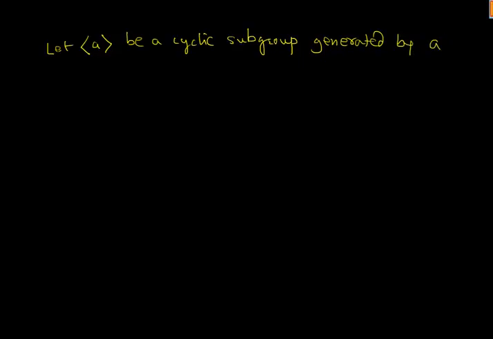All right. Now, since it is a cyclic subgroup, I can write the elements of the subgroup as A, A square, A cube, and finally, since the order of A is m, A to the power m is the last element of this subgroup.